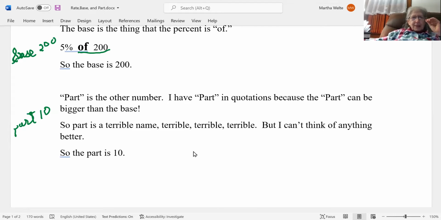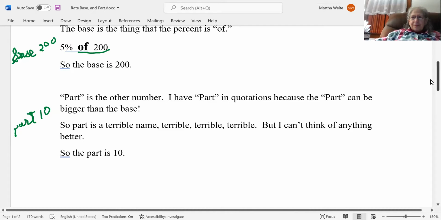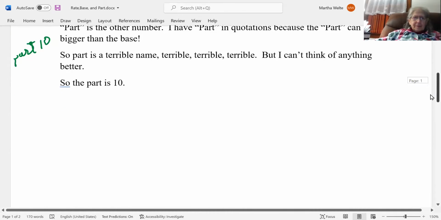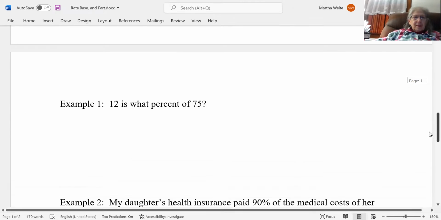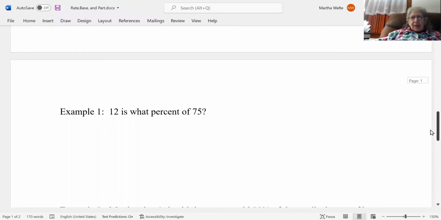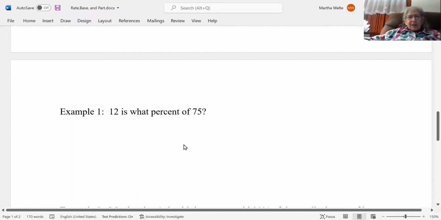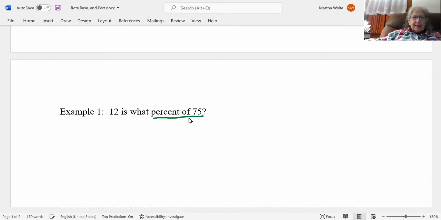Okay, now let's go look at some other examples. A question might be: 12 is what percent of 75? Well, we've got 75 and it's a percent of 75.